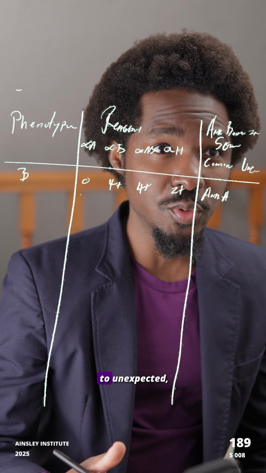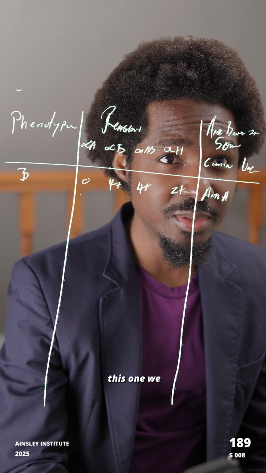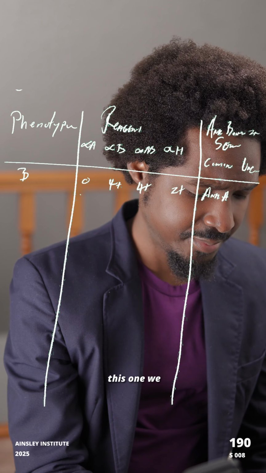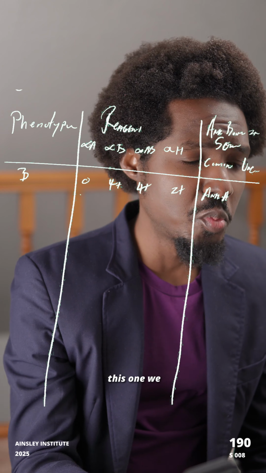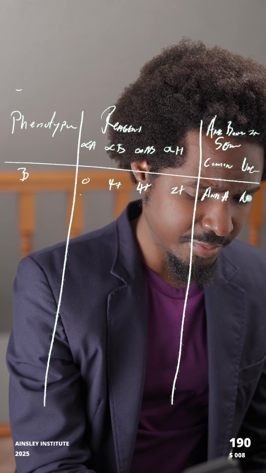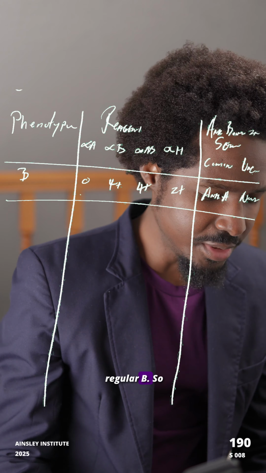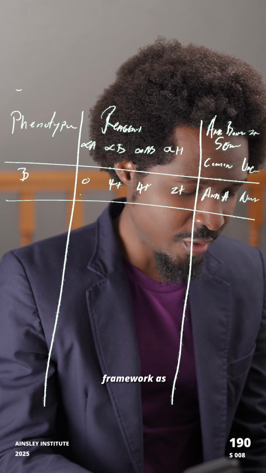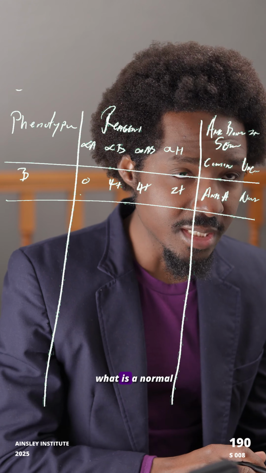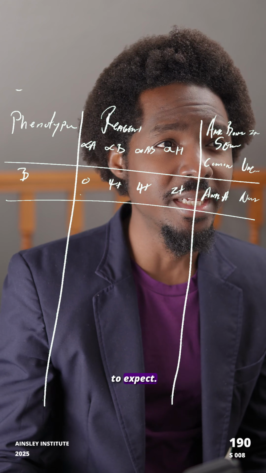When it comes to unexpected antibodies, we're going to select none. Now that is the regular B, so this can be our framework as to what is a normal reaction to expect.